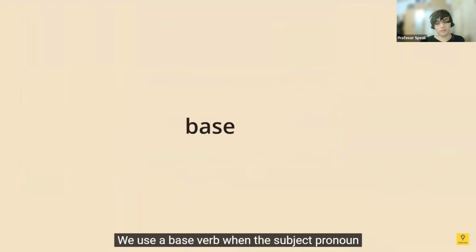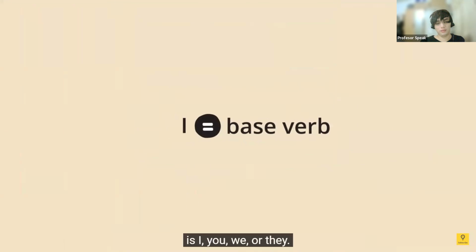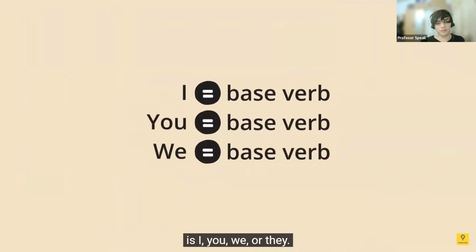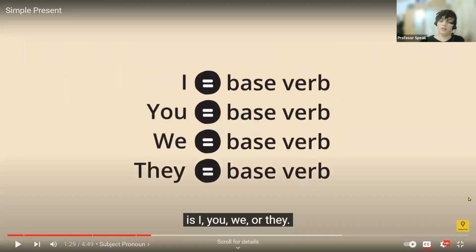We use a base verb when the subject pronoun is I, you, we, or they. This one, you need to pay attention to this one. Okay. We use the base form verb when we use I, you, they, we, and plural nouns.